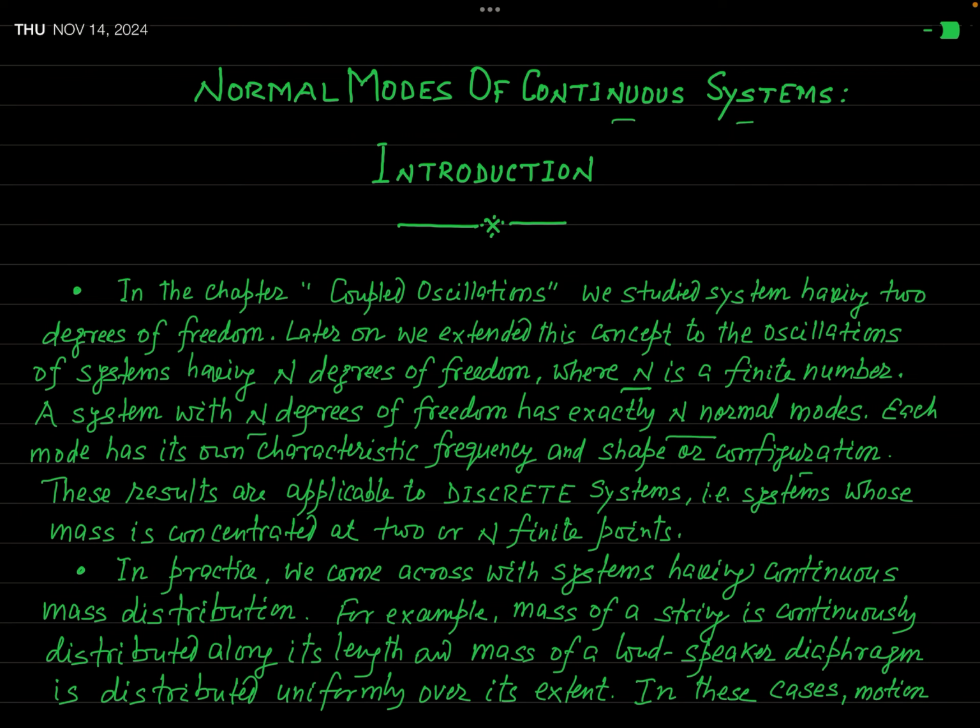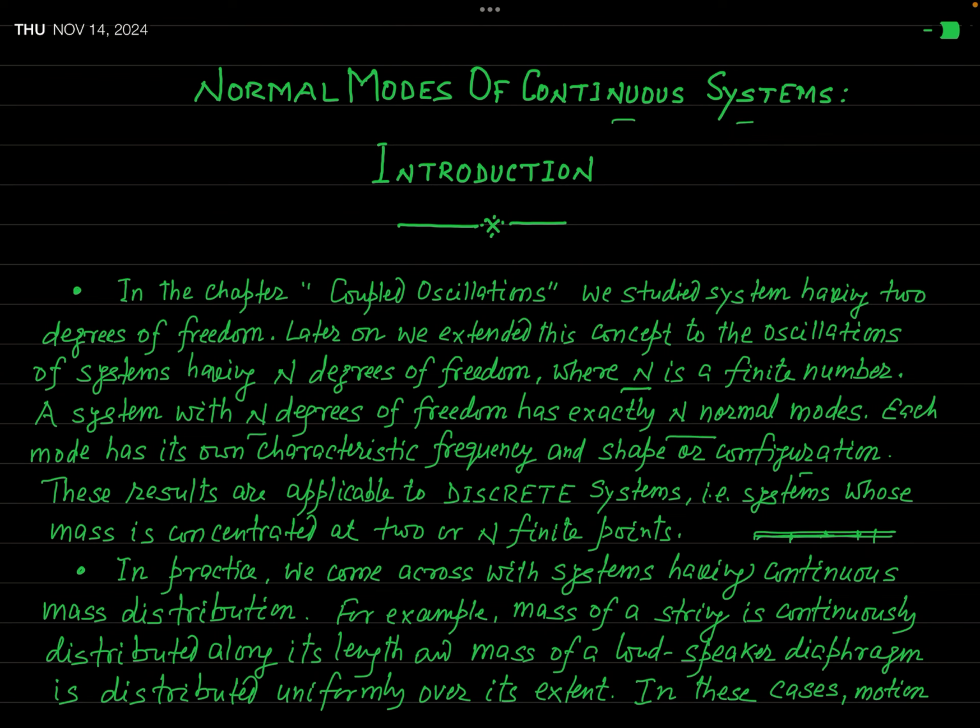For example, you can take a vibrating string of a violin. If you talk about a vibrating string of a violin, then you can see that the mass of the string is not distributed in a discrete manner. This is your string, and you can't say that the mass of this string is concentrated at this point, at this point, and at this point.